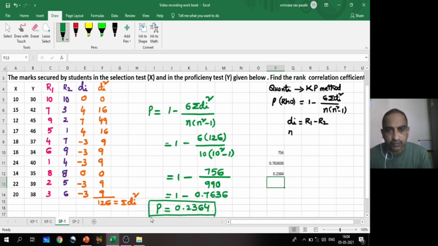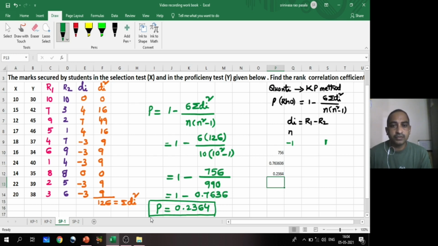Right? So now how can we interpret this value? Generally the Spearman's rank correlation coefficient also lies between -1 and +1. -1 means the least value and +1 is the highest value. If this coefficient value is nearer to +1, it tells us the two variables are highly correlated.